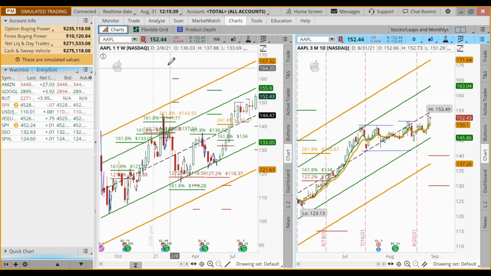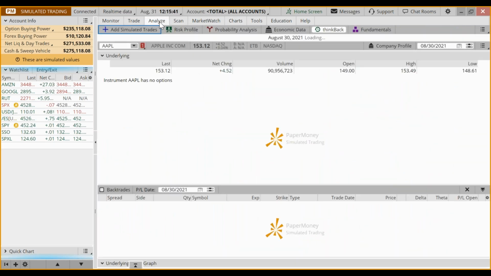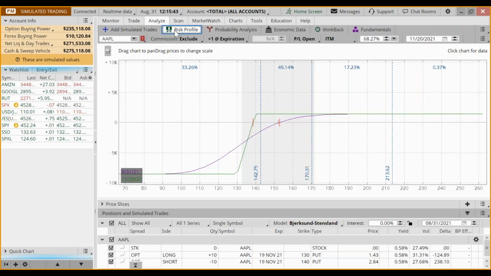Now, the other thing I always want to do is take a look at the risk profile. This is a risk profile for a bull put. The red hash mark is what we bought it for. This is the break even.